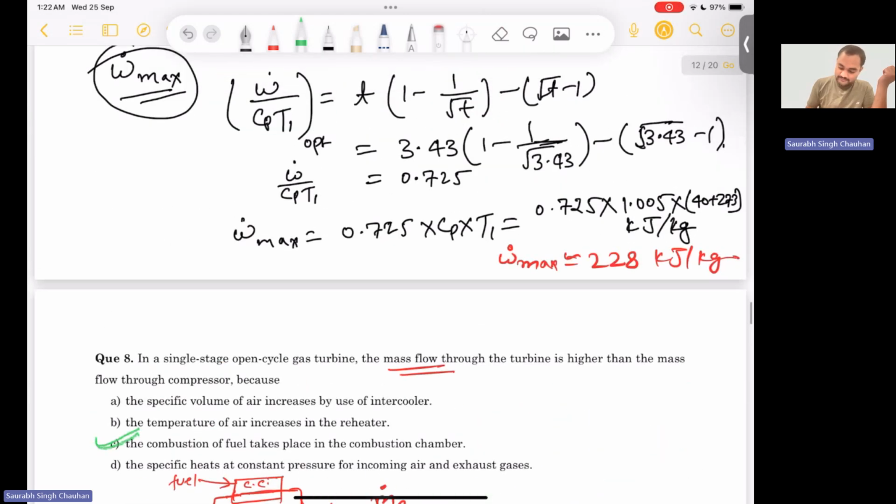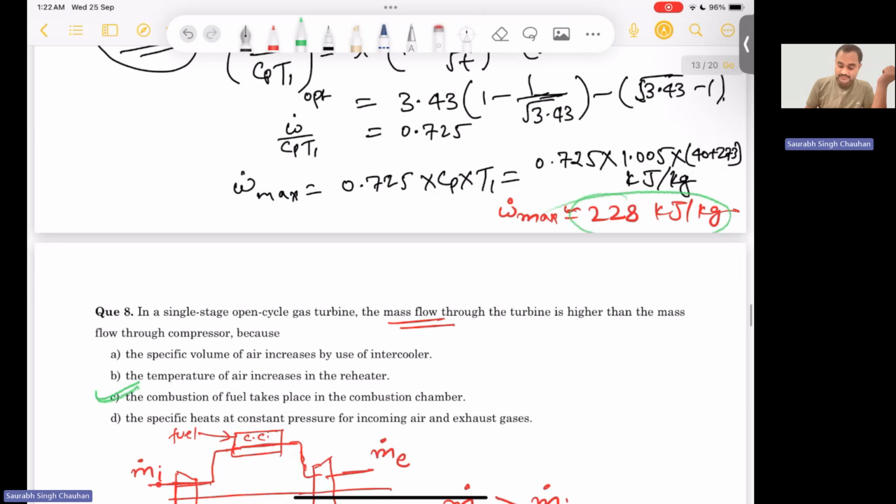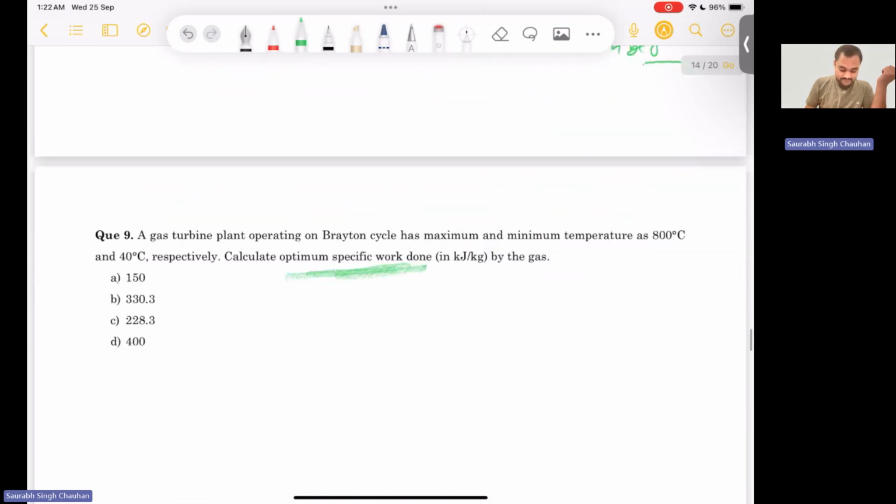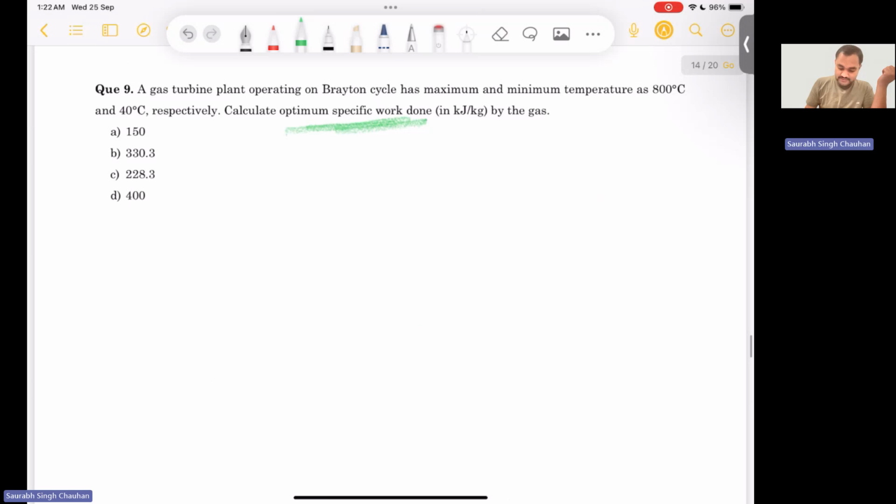So the answer was 228 kilojoule per kg. So here option C should be the correct option, right? This is same as question number 7.